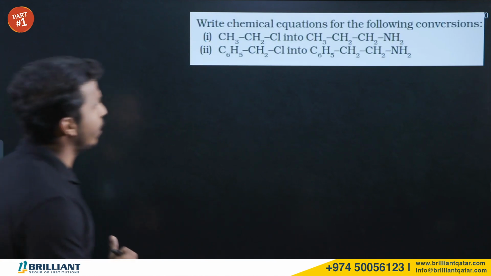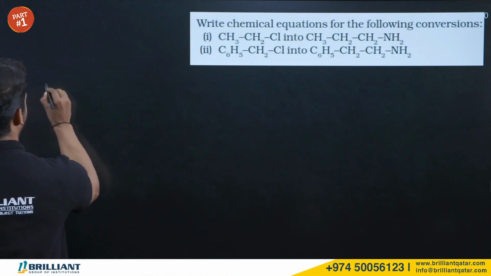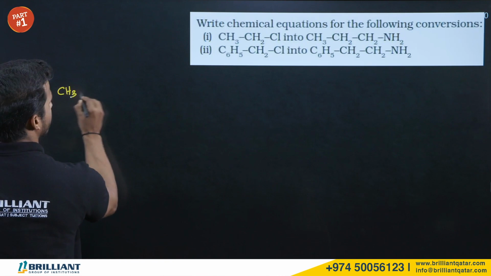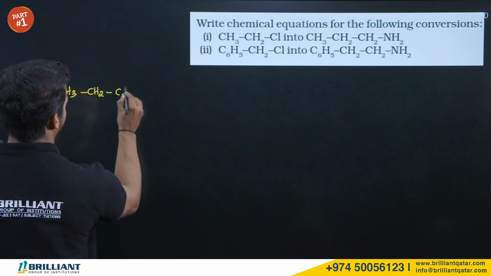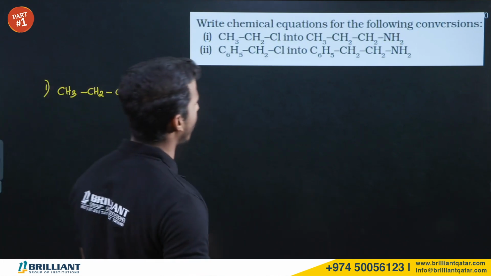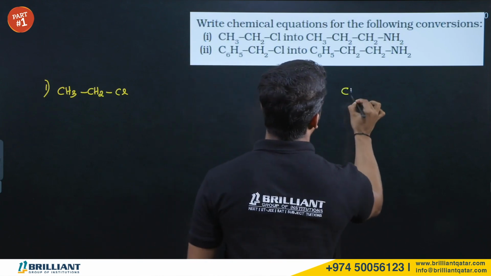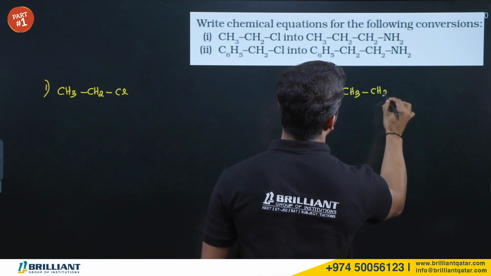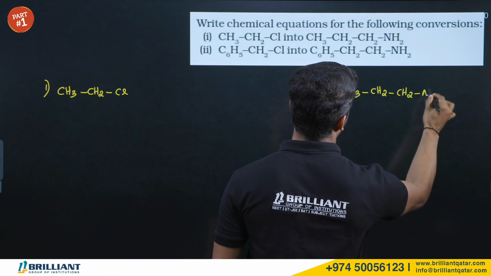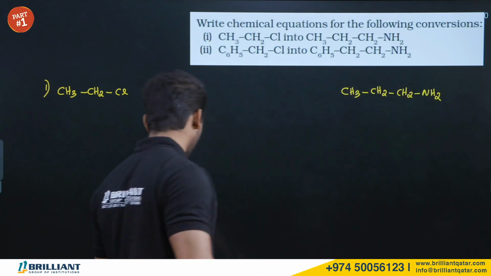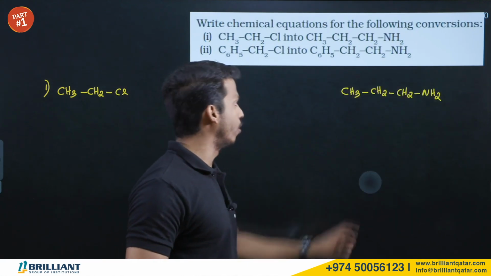Write a chemical equation for the following conversion. Question number 1 is given: CH3CH2Cl, it's nothing but ethyl chloride. We have to convert it into CH3CH2CH2NH2, propanamine. Dear all, in this kind of question, be very careful.